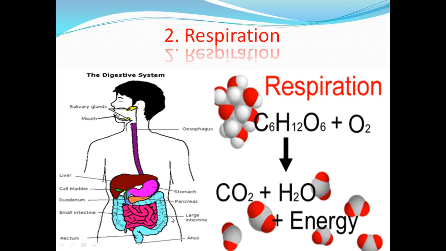The blood now carries digested food. Also it carries oxygen. Then the blood starts to distribute oxygen and digested food to each cell, where the respiration process starts.